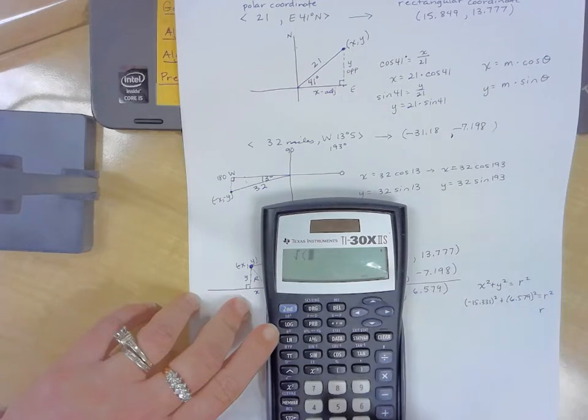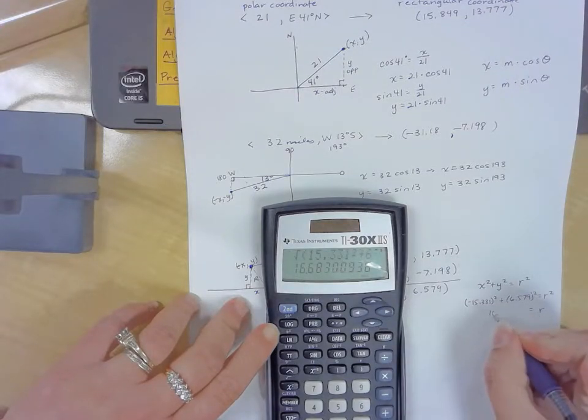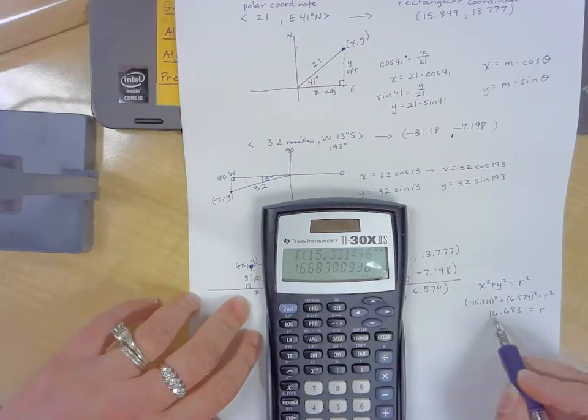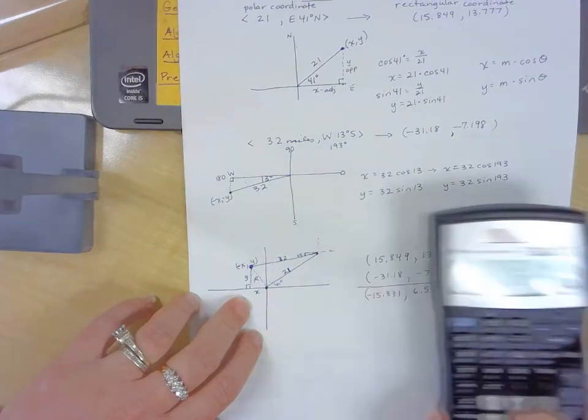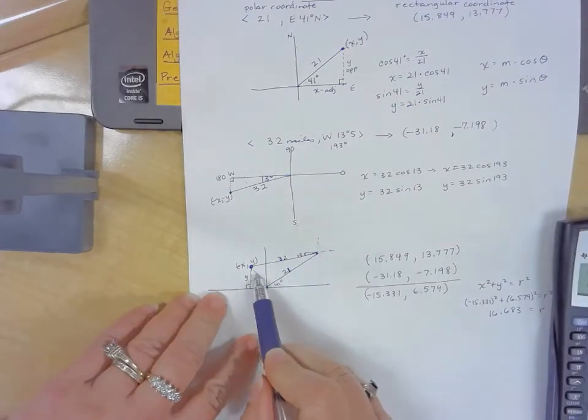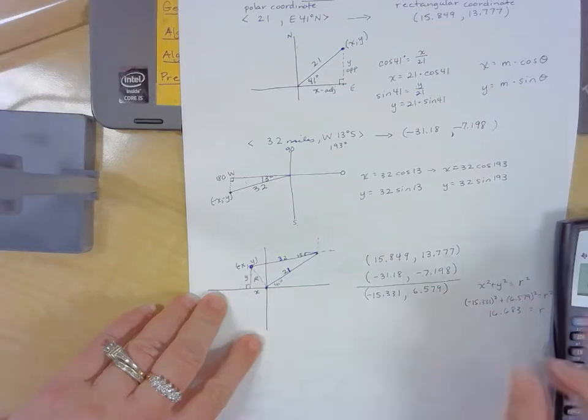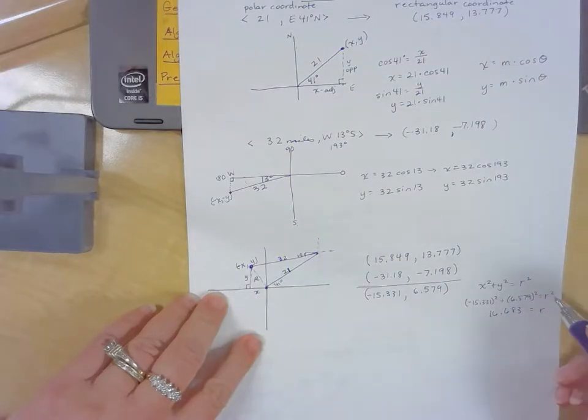So I'm going to enter 15.331 squared plus 6.579 squared equals, because I've already done the square root, and I got 16.683. What did I just find? I found this distance. This distance is the magnitude of the resultant.